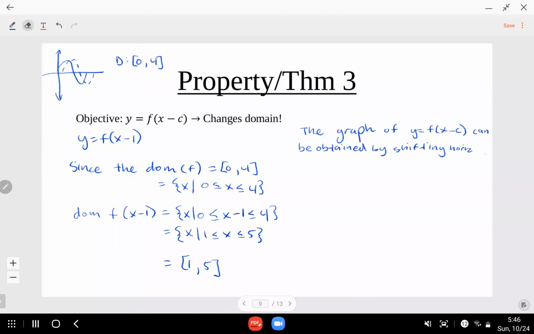Last time we did it vertically, right? But this time, since it directly affects x, it would change the domain, which means the x value changed, right? So it'd be shifting horizontally by absolute value of c units.